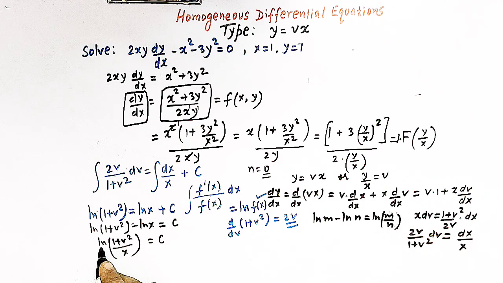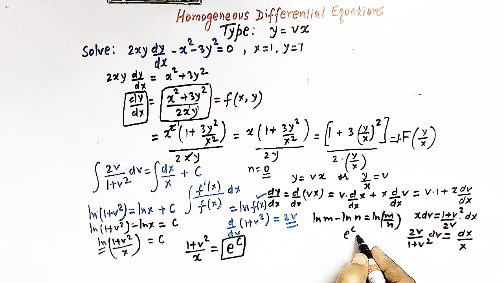So now here natural log of 1 plus v square over x is equal to c. So removing this natural log, we can now write 1 plus v square over x is equal to e raised to c, and e raised to c is again a constant. So let us replace e raised to c by some other constant, say k, right? So we can here write k.